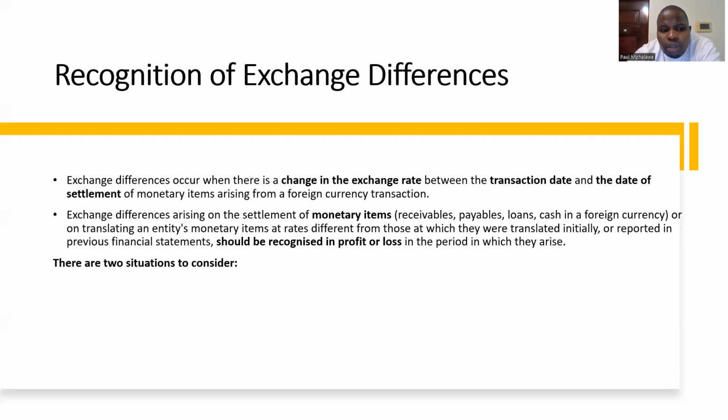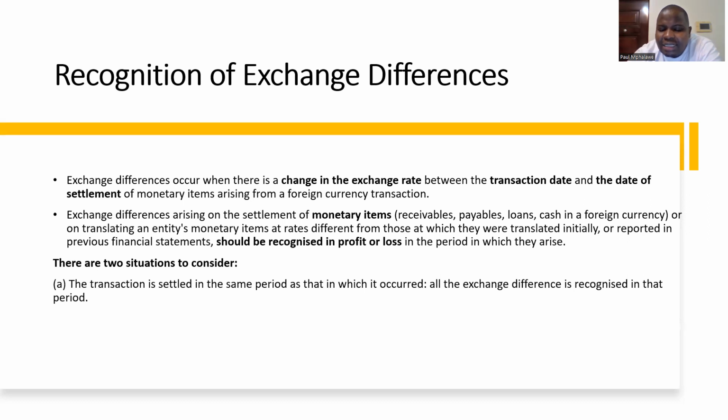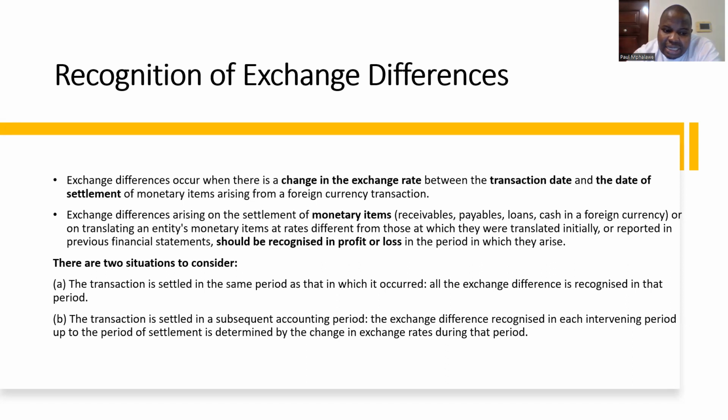Okay. There are two situations to consider. Number one, the transaction is settled in the same period in which it occurred. All the exchange differences are recognized in the period in which the transaction occurred. Number two, the transaction is settled in a subsequent accounting period, the year after the transaction occurred. The exchange difference recognized in each intervening period up to the period of settlement is determined by the change in the exchange rates during that period.